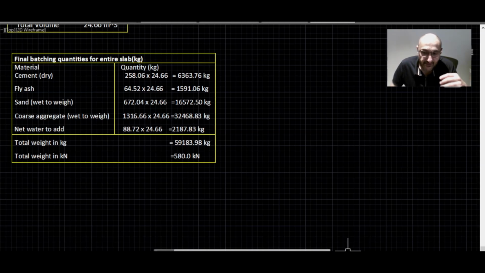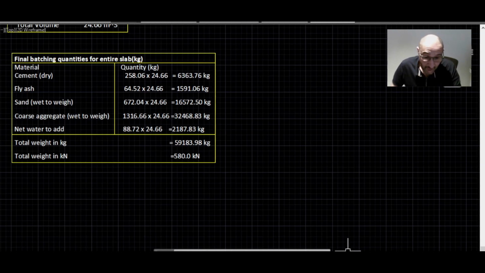And the interesting thing is, if you jump up to 32 and 40 MPa, the price difference is not that much. You can get only an increase of maybe $50 to $80 per meter cubed. Very interesting, because as part of designing, I would rather go up in strength, but then workability might be an issue as well.